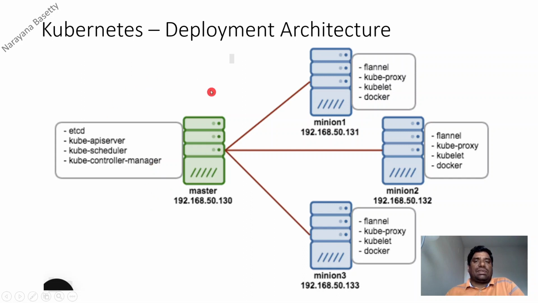These 4 services enable our API server, which will track all the nodes. You see there are 4 IP addresses, 130 ending with 131, 132, 133. So this is the master, which is controlling all these 3 nodes and also tracking each application hosted in these nodes as a container application.